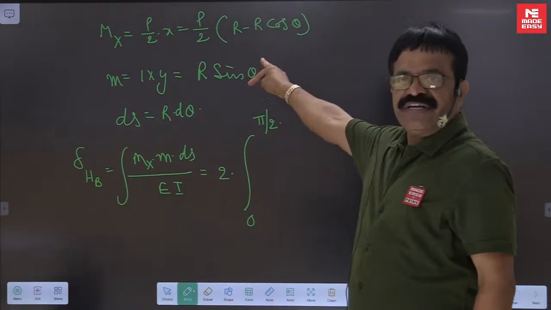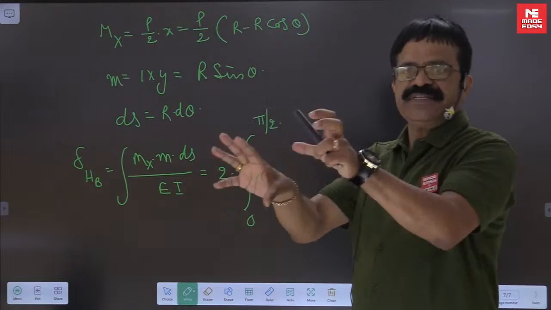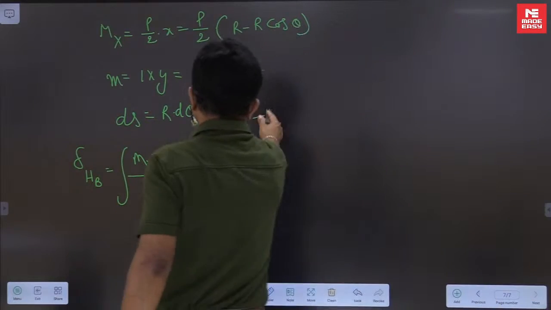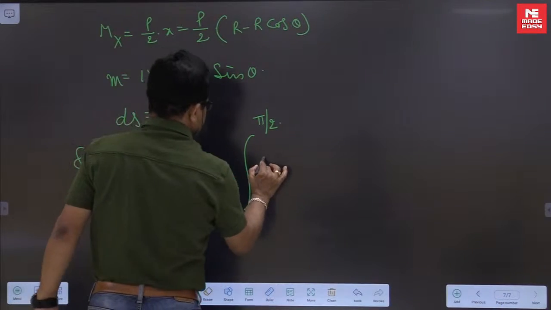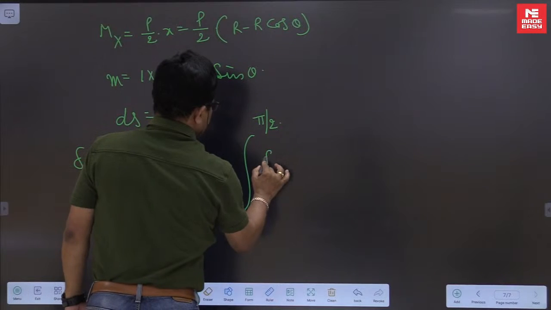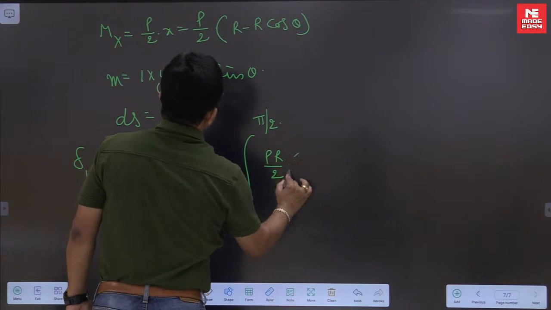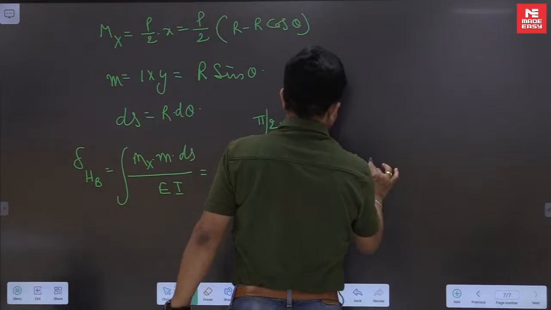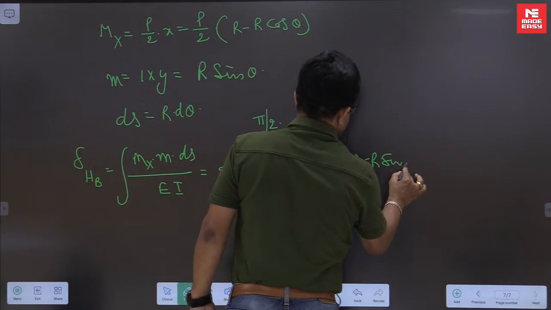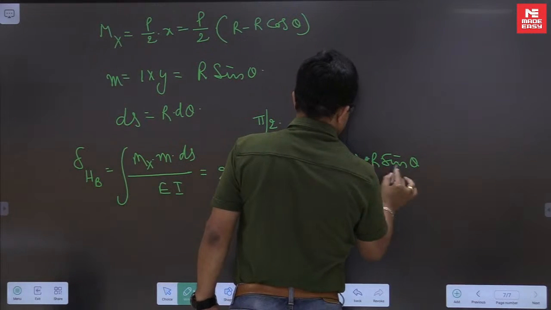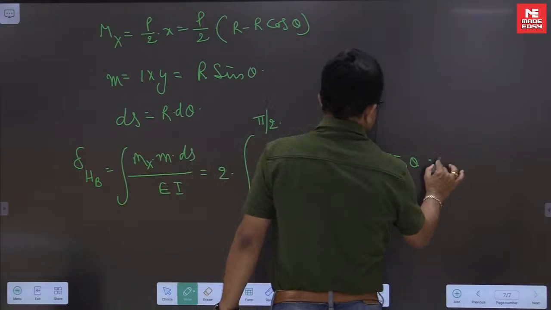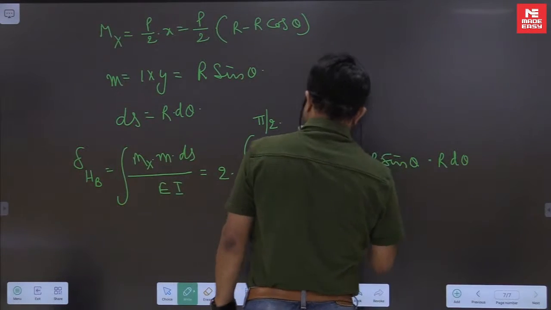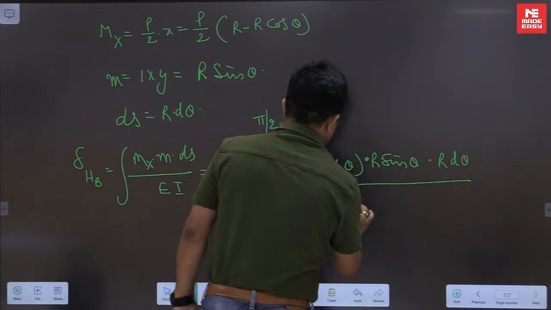Whatever expression is valid for 0 to pi by 2, such segments are 2. So 2 times integral 0 to pi by 2, Mx is, if you take common factor, PR by 2 into 1 minus cos theta into R sin theta into ds is R d theta divided by EI.